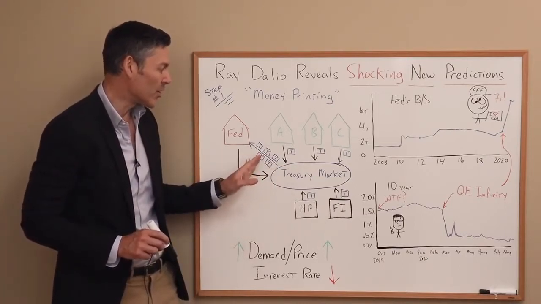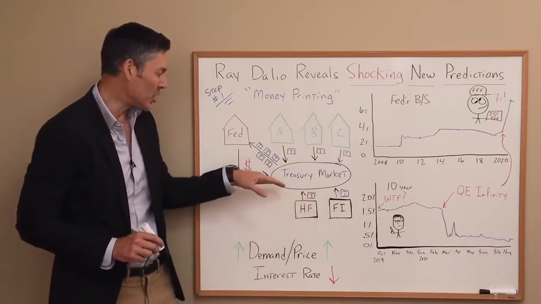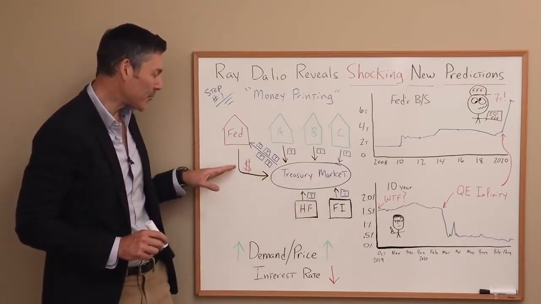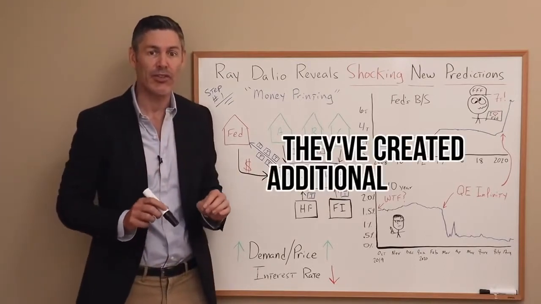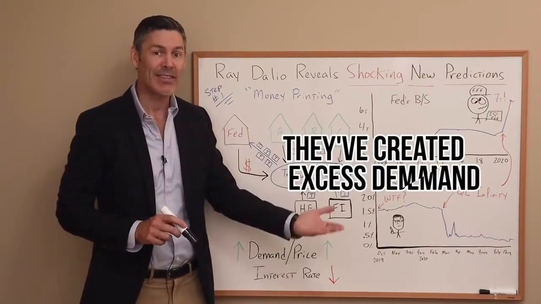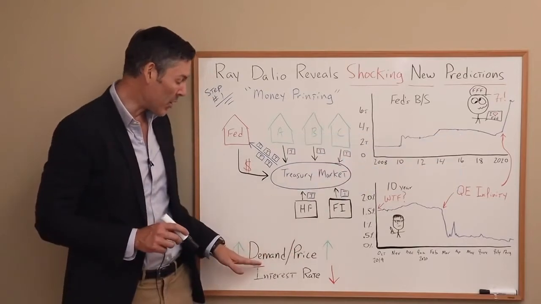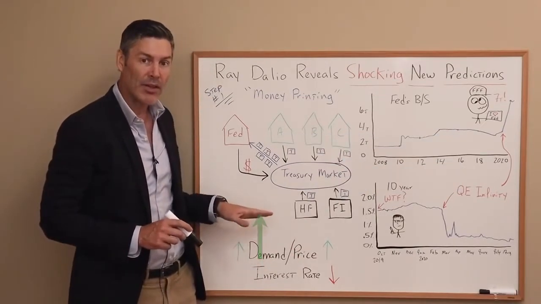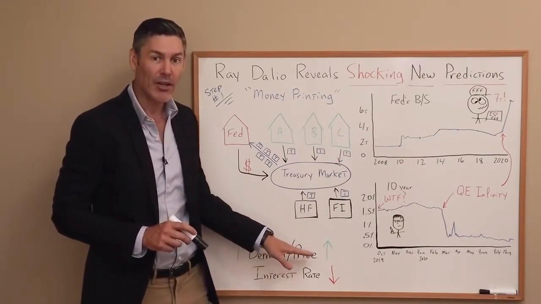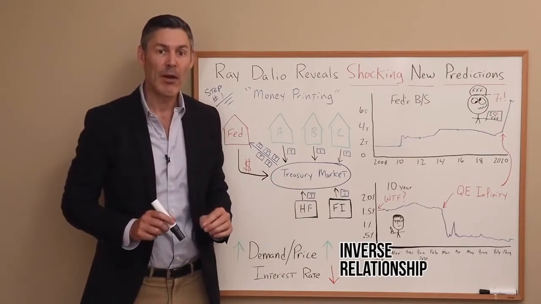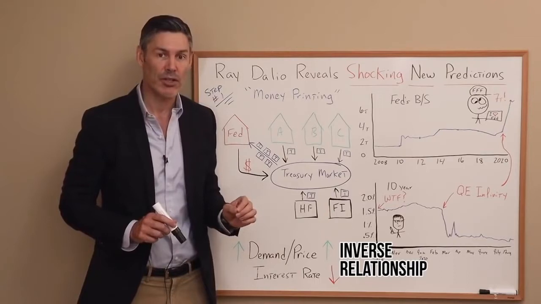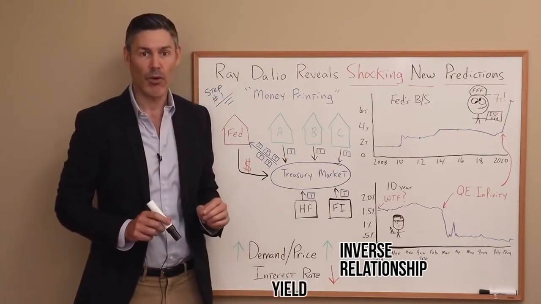So those treasuries go to the balance sheet of the Fed. They now own those treasuries. They've created additional demand, maybe even excess demand. Well, we know if demand goes up, then typically the price goes up as well. And there's an inverse relationship between the price of a treasury and the yield or the interest rate.